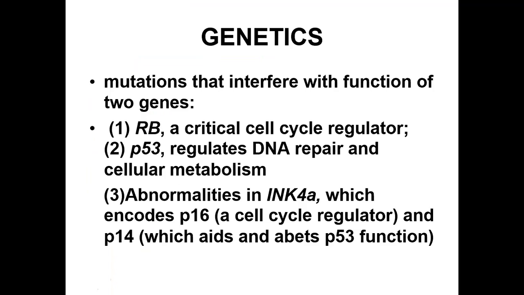Then abnormalities in INK4A, which encodes P16, a cell cycle regulator, and P14, which aids the function of P53. These are the genetic mutations: RB mutations, P53 mutations, P16 and P14.